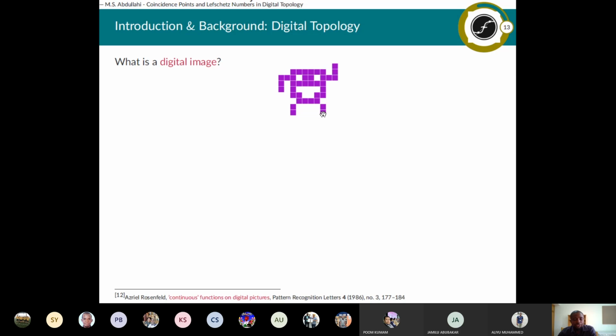We can view this picture as a two-dimensional digital image, whereby the pixels will be the elements of that digital object, and the white background we regard as just the background of the image.